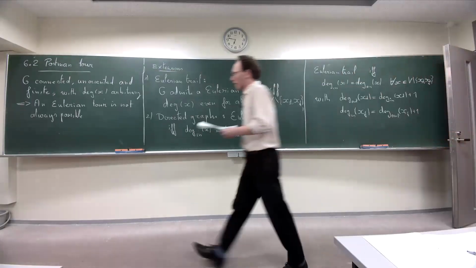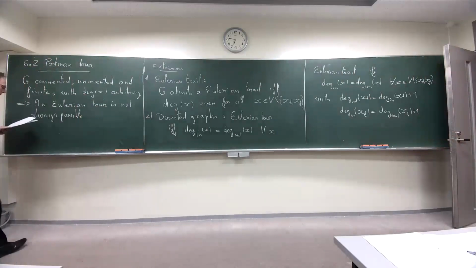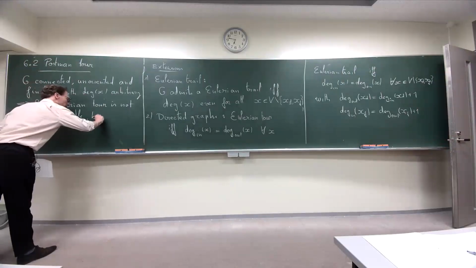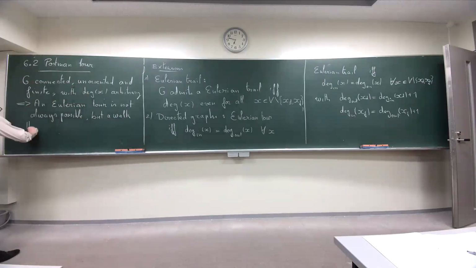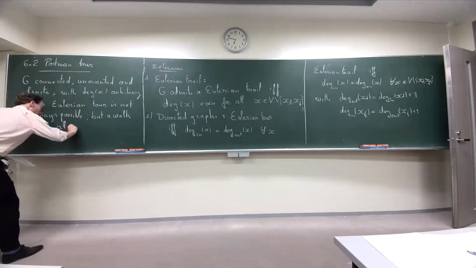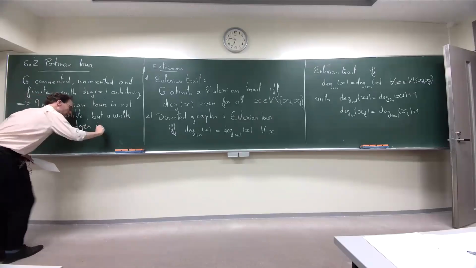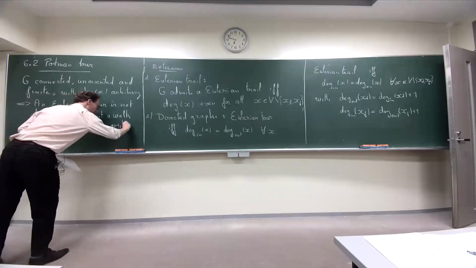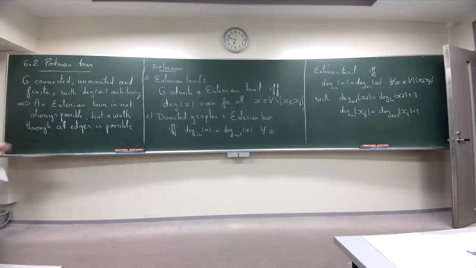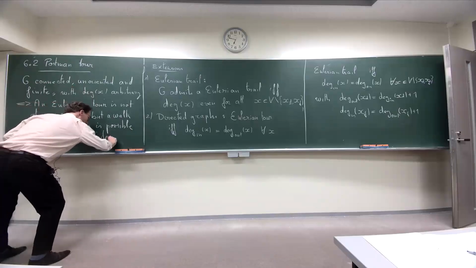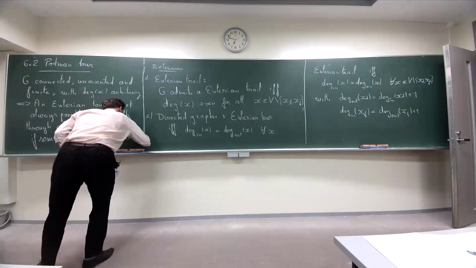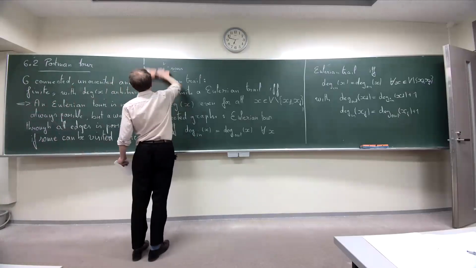So it means a Eulerian tour is not always possible, but a walk through all edges is possible if some can be visited more than once. I remove this constraint.